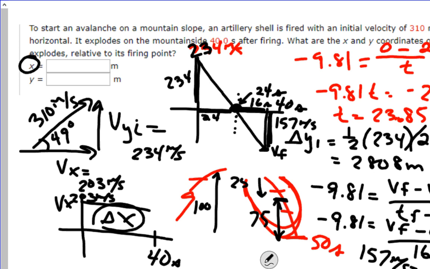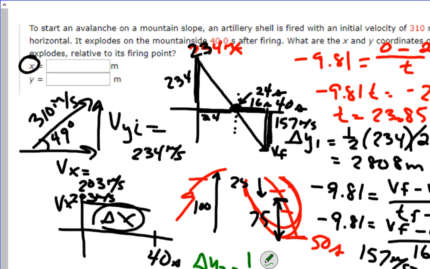Now I can do the second triangle, for which I have completely run out of room, but I'll try to squish it in here on the bottom. So delta y2, 1/2, 16 for 16 seconds, 157. So that's what, 8 times 157? 1256.